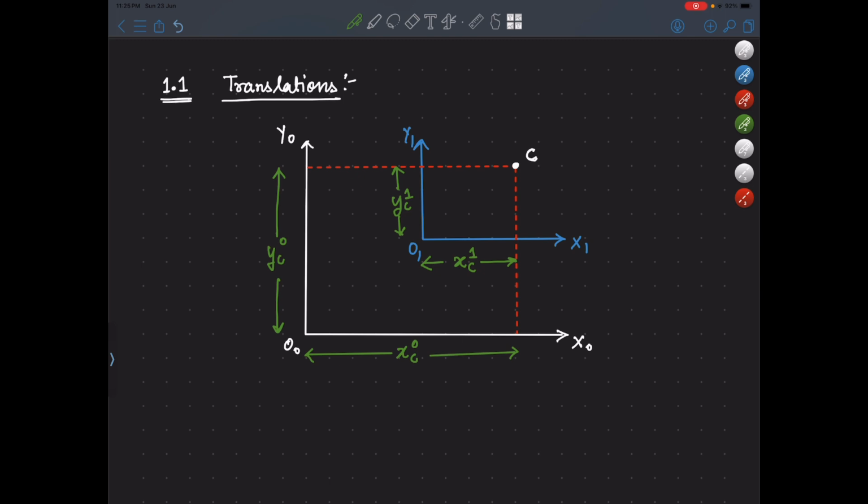And what is this? This is the amount by which the coordinate frame has moved. So let's represent this with x naught and y naught. Using this, let's try to write the coordinates of C in different frames.